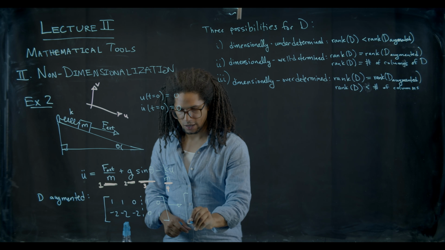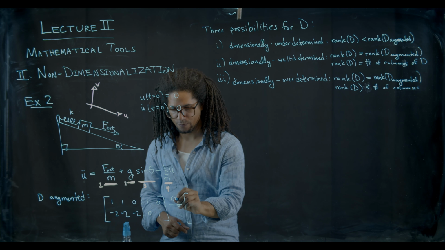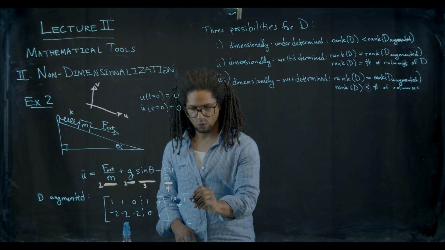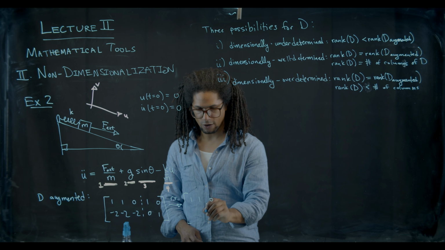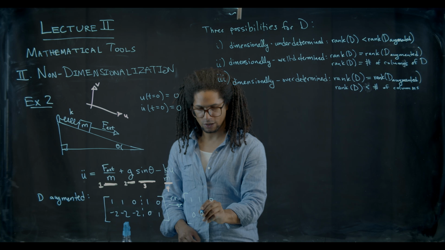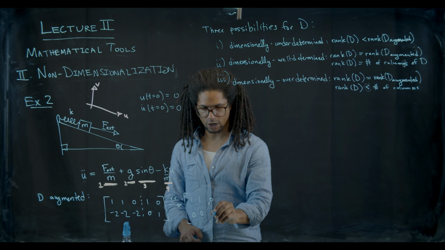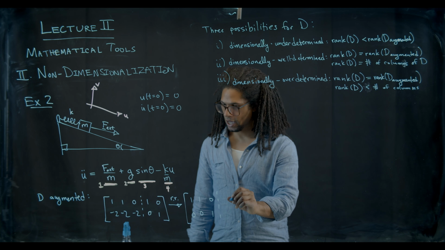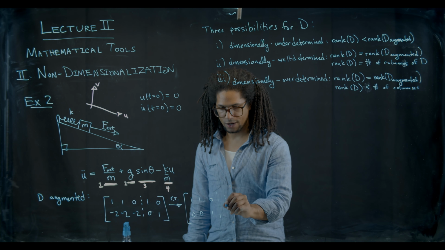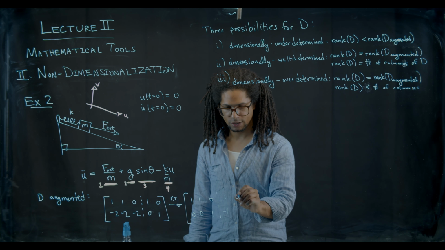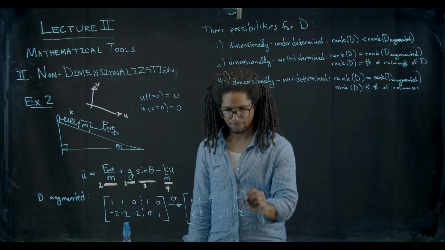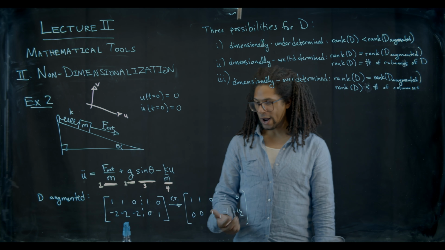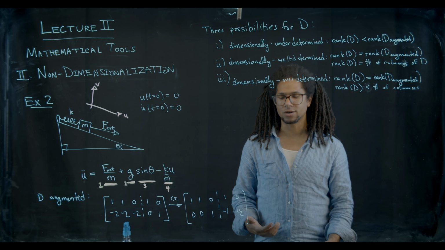Remember that in its row-reduced form, our D augmented in this case row reduced to 1, 1, 0, 0, 0, 1 in the D part, and then the augmented part gave us 1, minus 1, 0, minus half. Okay, so recall that the rank is the number of linearly independent columns.